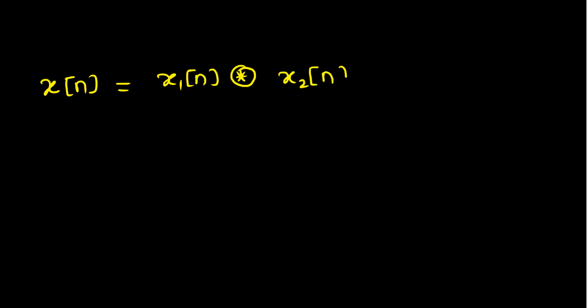So we have x of n, given as x1 of n circularly convolved with x2 of n, as a sequence equal to 8, 7, 6, 9, and this 8 is located at n equal to 0.